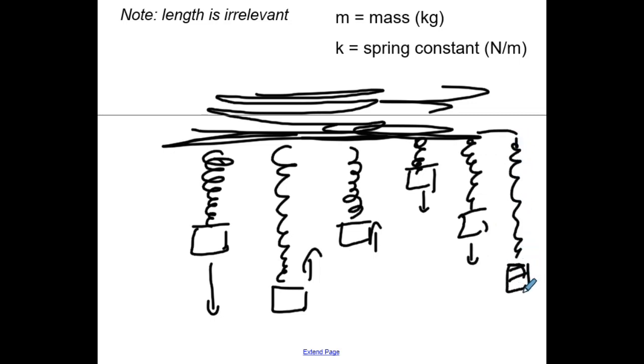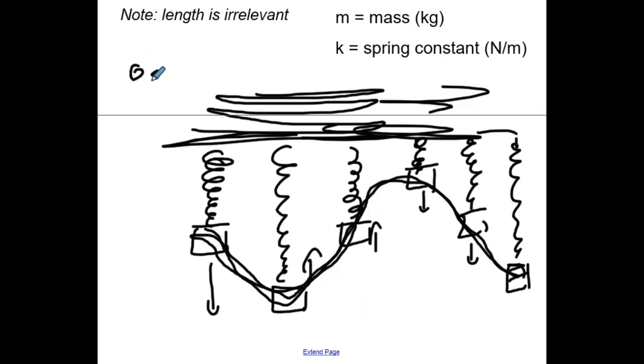If you get where I'm going with this, this is going to repeat a pattern that goes back and forth, and this fits a sinusoidal pattern. For any of you who have taken or are taking Math 30-1, that's the pattern to it. This thing's just going to oscillate. That's the word we use, oscillate. Hence the word oscillatory motion. So it's just going to go up and down and up and down.